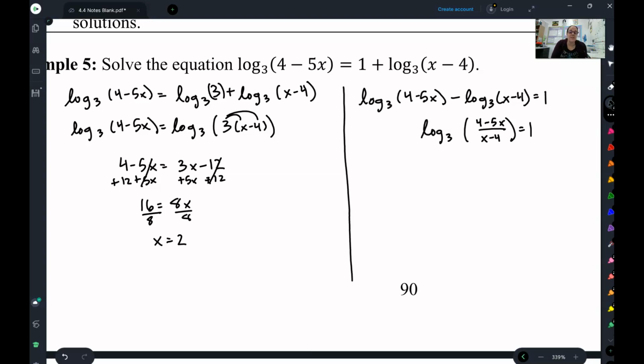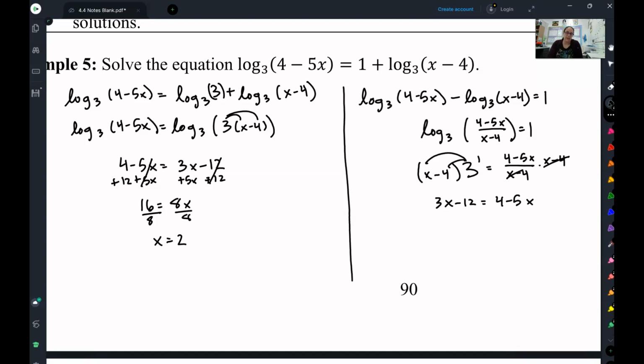And now that I have a single logarithm, I could change the form. Base stays the same, input and output flip places. And then I can times by x minus 4 to get it out of the denominator. And you'll see if I distribute that 3, I end up at the same place I did right there. So those are two totally different ways to solve the exact same problem. Both of them work, both of them get to the same answer.